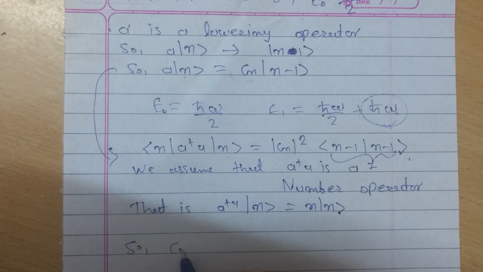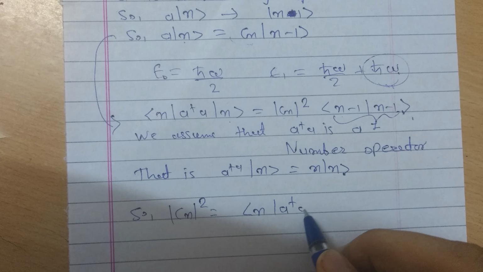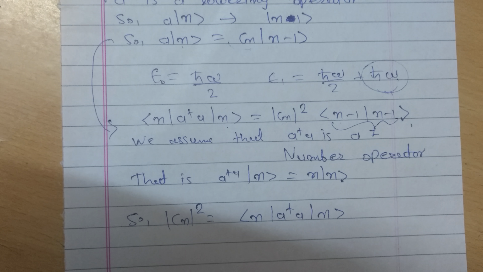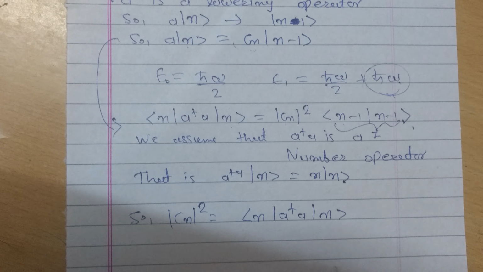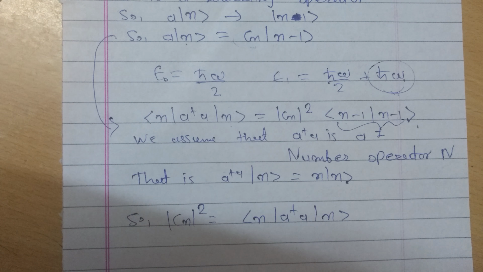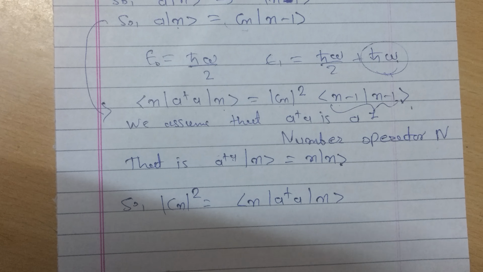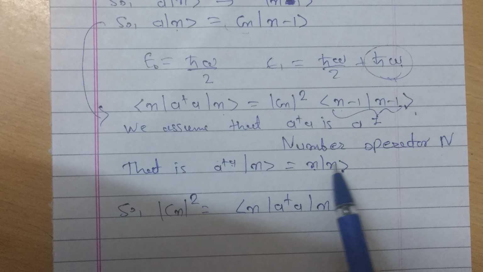Now we are assuming that a†a is a number operator, capital N, so a†a acting on ket n will be n acting on ket n.